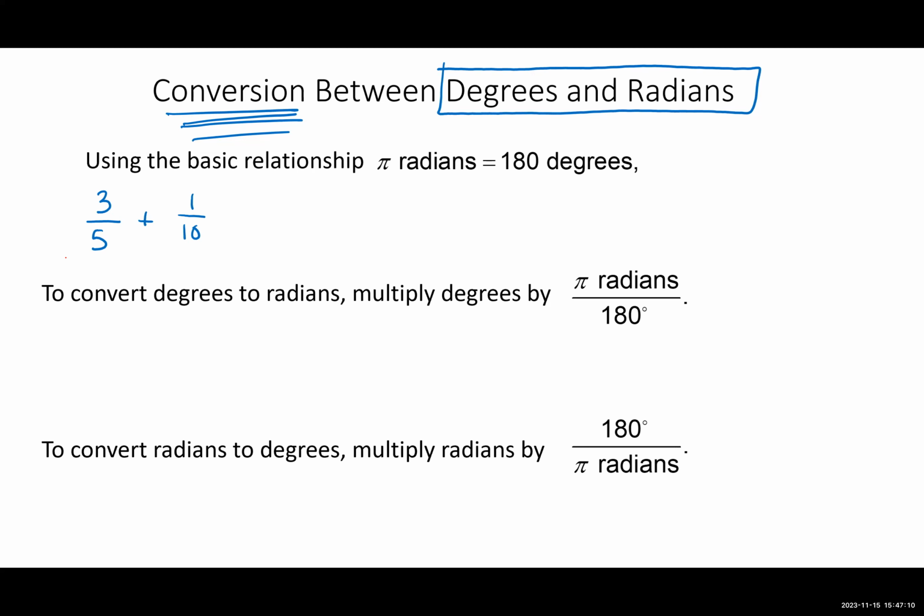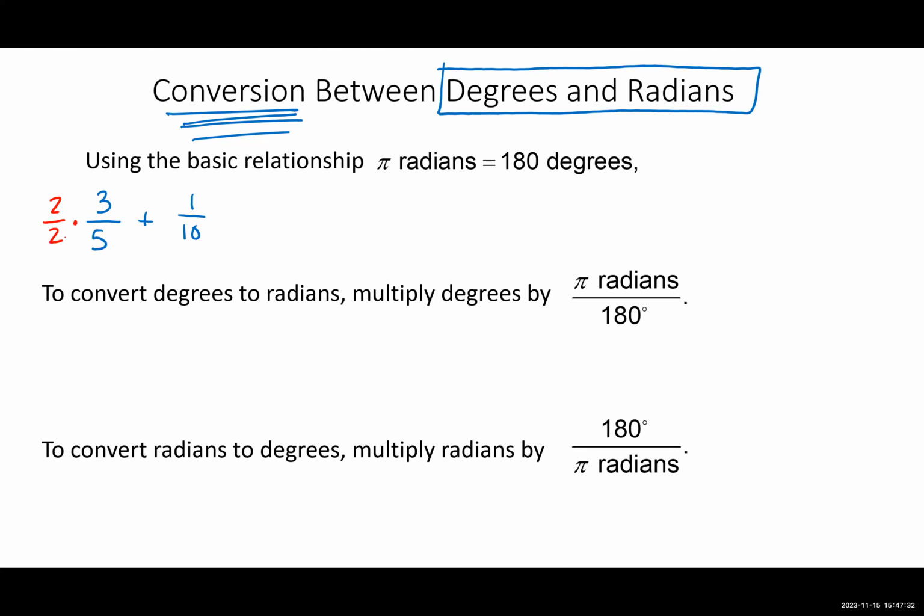Well, the first fraction is over 5. The second fraction is over 10. If they were both over 10, then we could add them. So we'll take the first fraction and change that 5 into a 10. The way we do that is we multiply by 2 over 2.